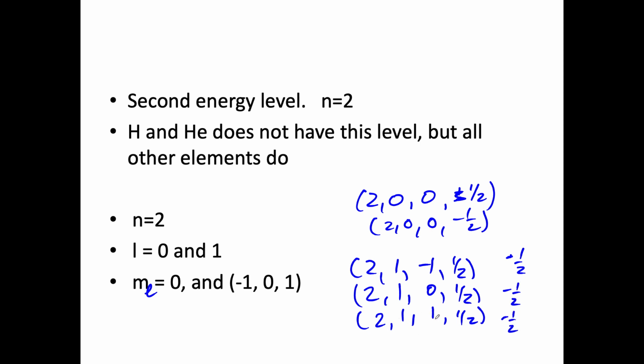So it's 2, 1, 1, positive 1/2, or 2, 1, 1, negative 1/2. Here's where I got the numbers for maximum 2, maximum 6, maximum 10. The maximum for these three orbitals is 6 electrons, and the maximum in one orbital is 2.